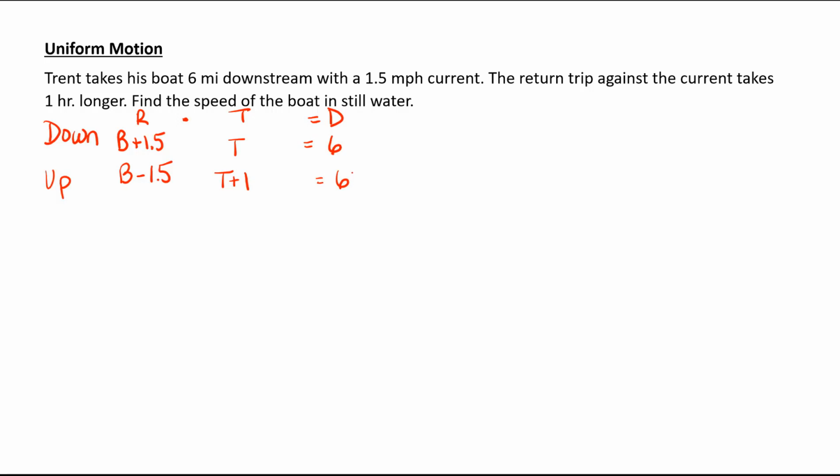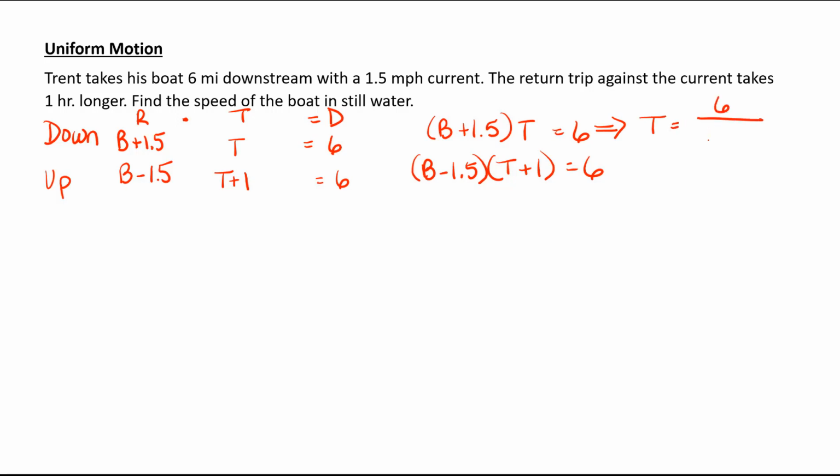So from the down the river part, we have b plus 1.5 times t equals 6. And up the river, we have b minus 1.5 times t plus 1 equals 6. What I would do first is solve for t in this first equation. t equals 6 over b plus 1.5.